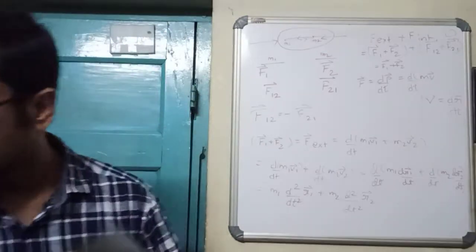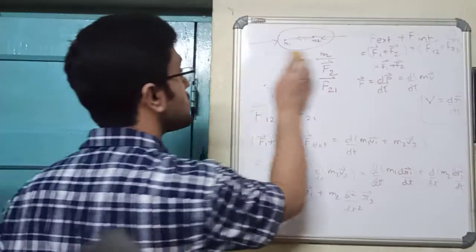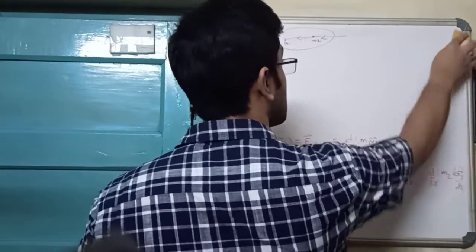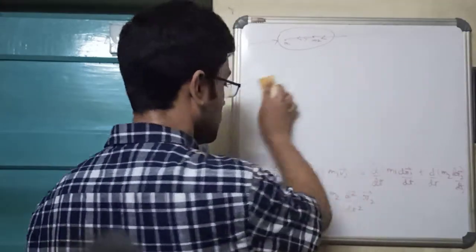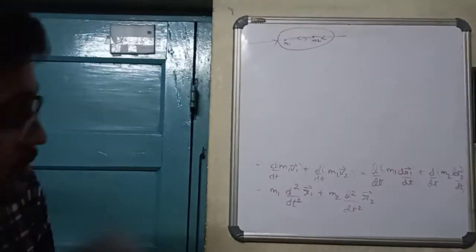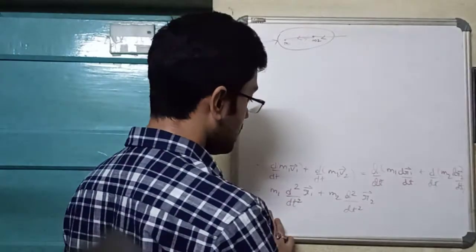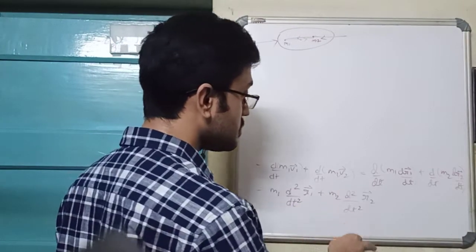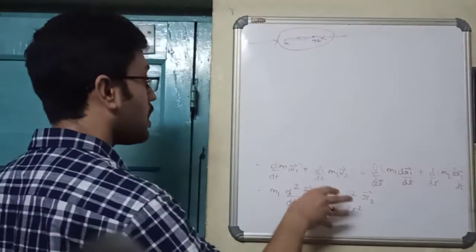Okay, so I will have to make some space. So this is the expression I have got, that m1 d2/dt2 of r1 plus m2 d2/dt2 of r2.